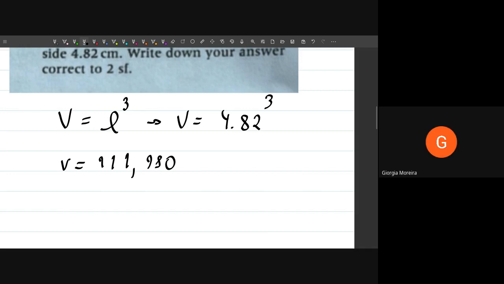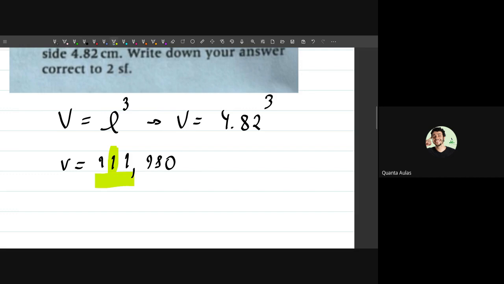To be a two significant figure number, you need only 2 numbers. So you need to stop here. But how can I write a number with 2 significant figures if it's a hundred?